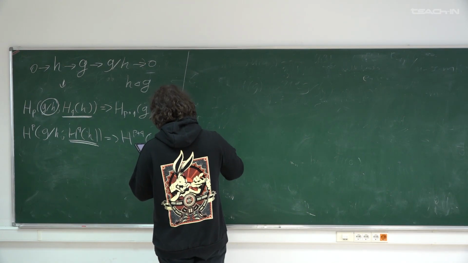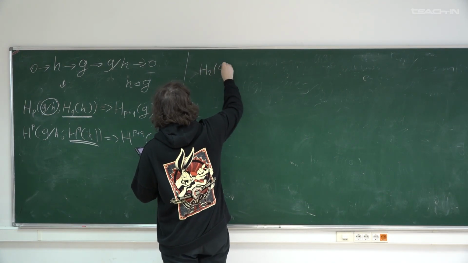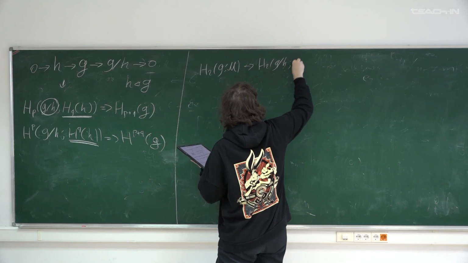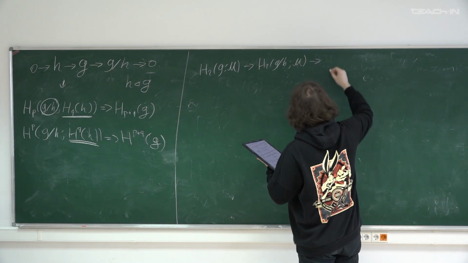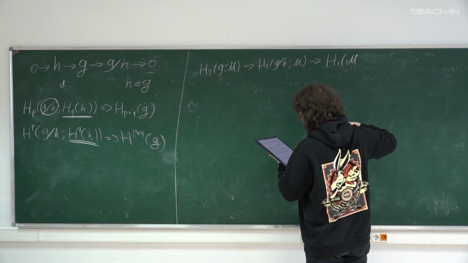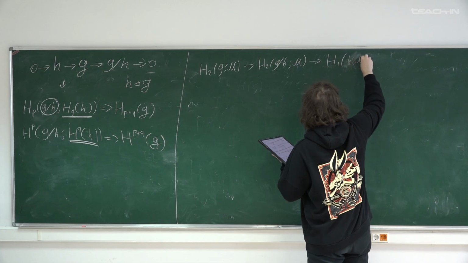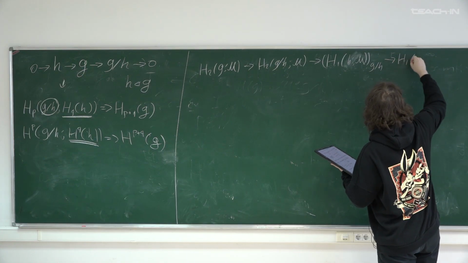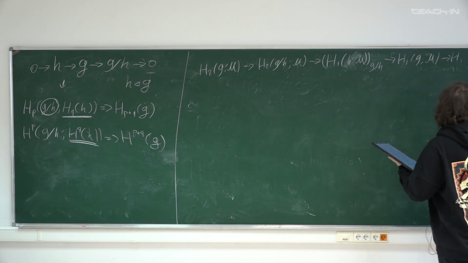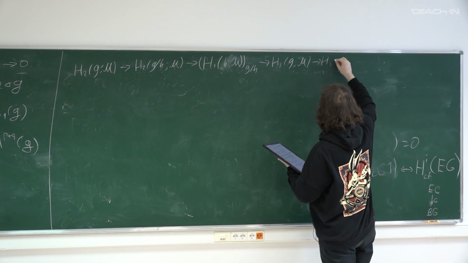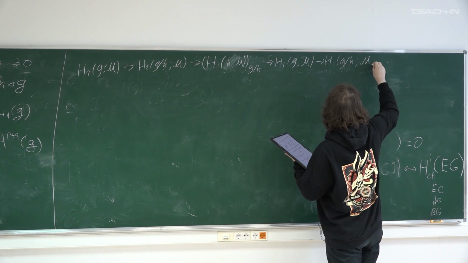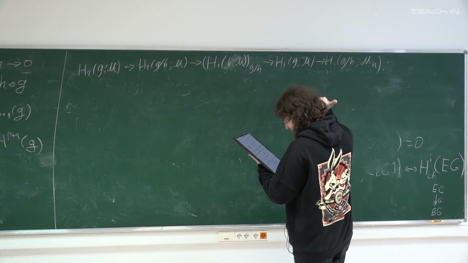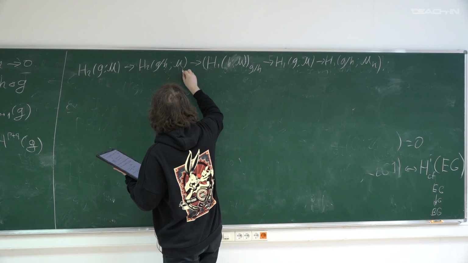For homology, the following thing: H_2(M, H) goes to the coinvariants of the action on this homology, then goes to the homology of G, and then goes to the homology of G/H with coefficients in M_H. And here also in M_H.